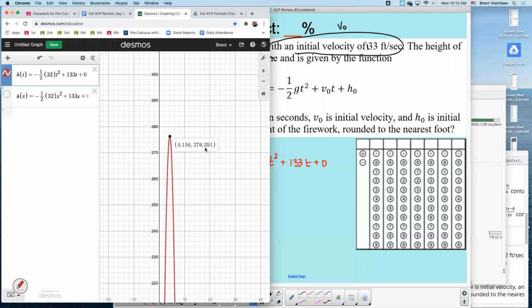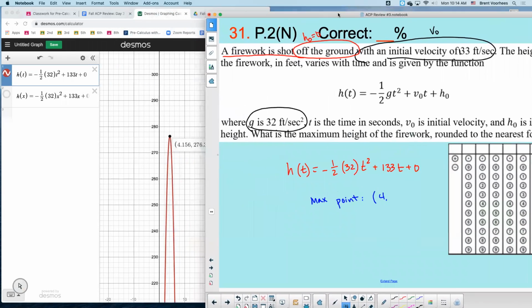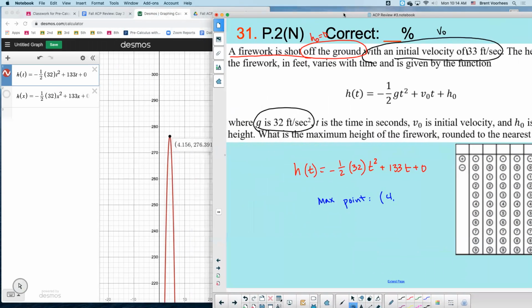The maximum point was 4.156, and the y value is 276.391.